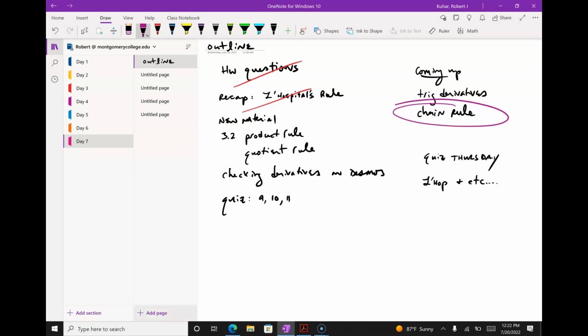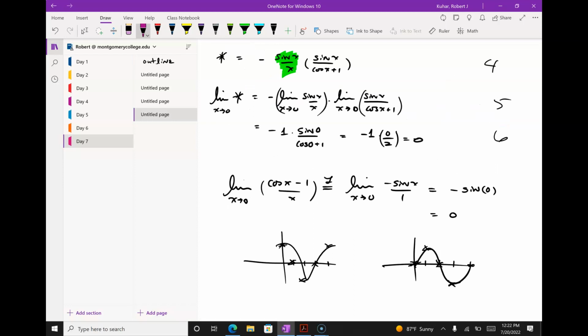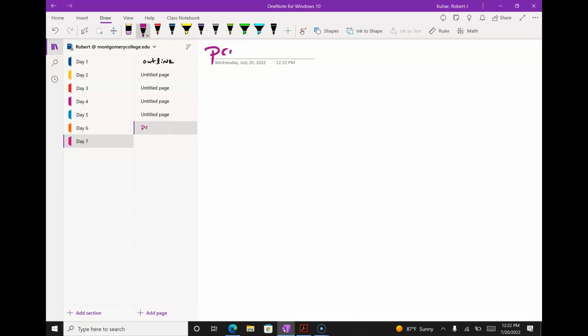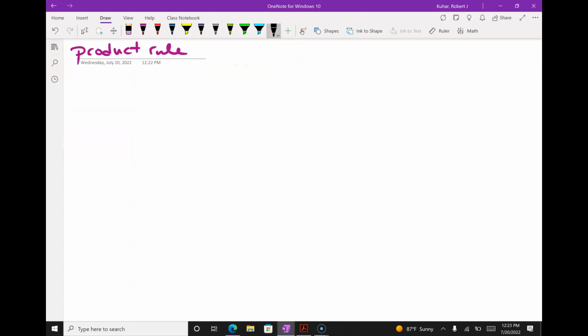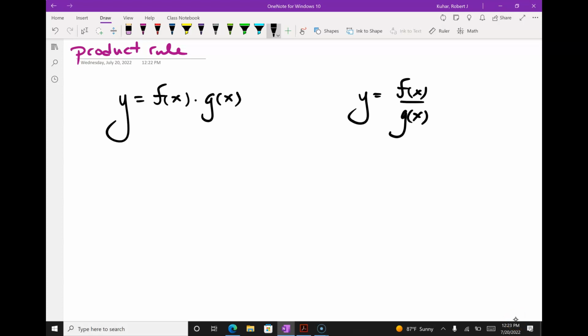Here we go, product rule. So I'll say if y equals f of x times g of x, or y equals f of x divided by g of x, right?